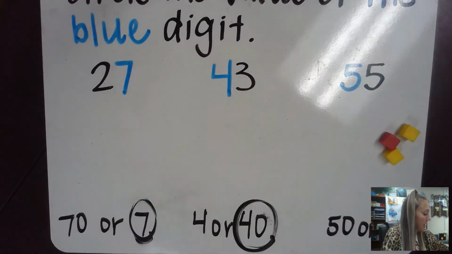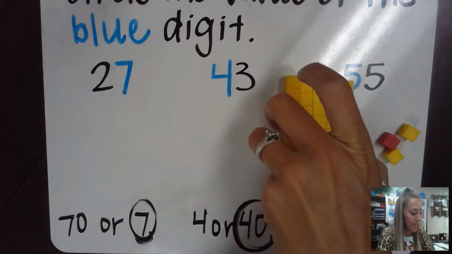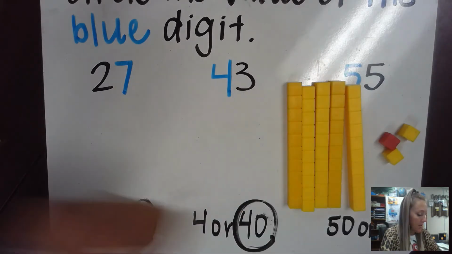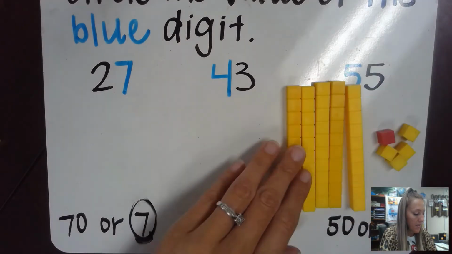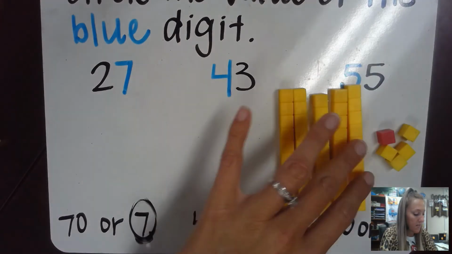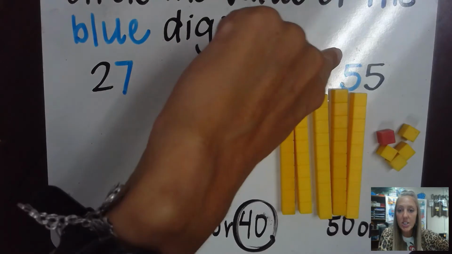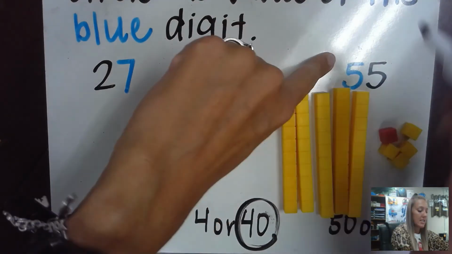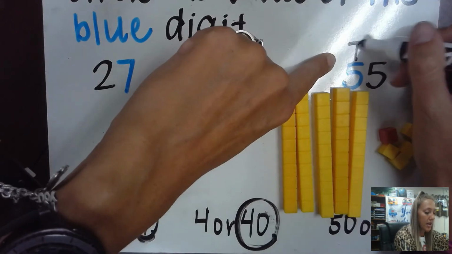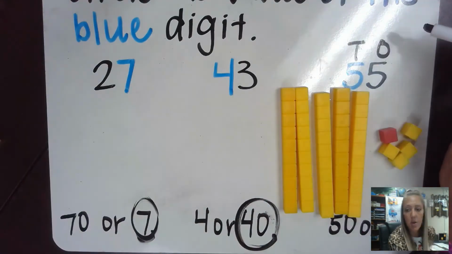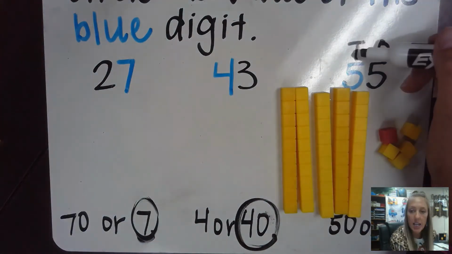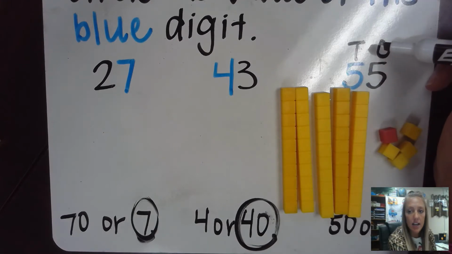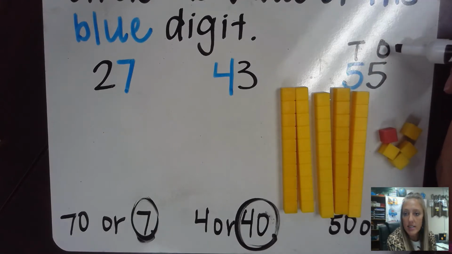And our next one is 55. So we've got 5 and 5. So this one's tricky. There's a 5 in each one, but our digit that's blue is here in this place. Sometimes I've even had to do this so that we can remember. This is the tens place, T for 10, and O for ones.